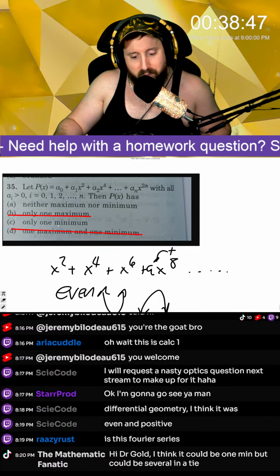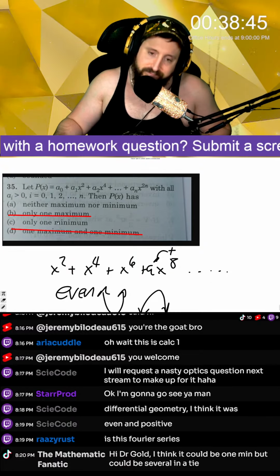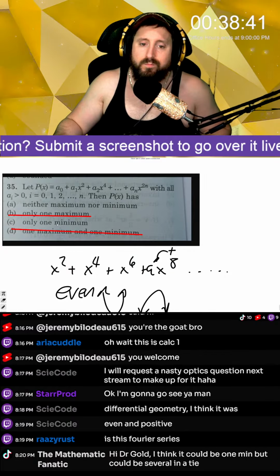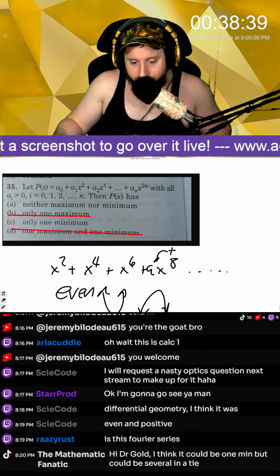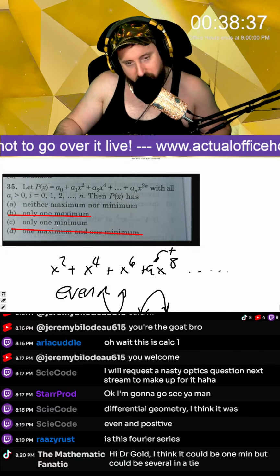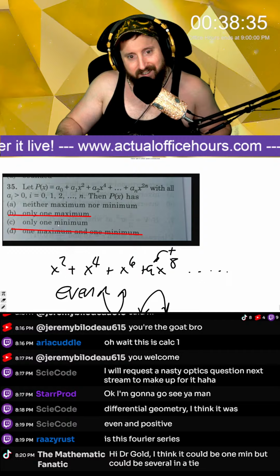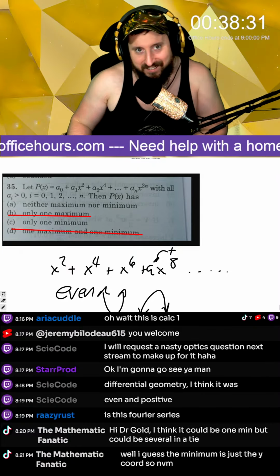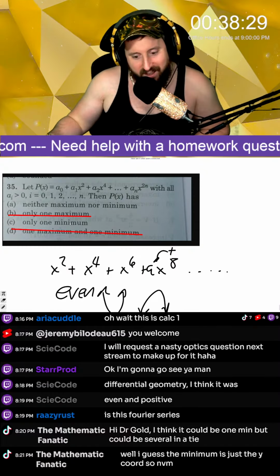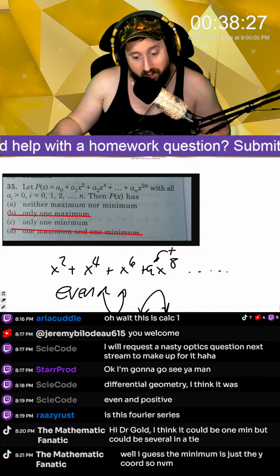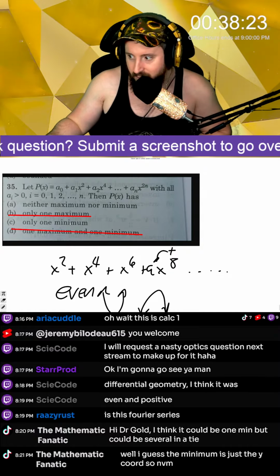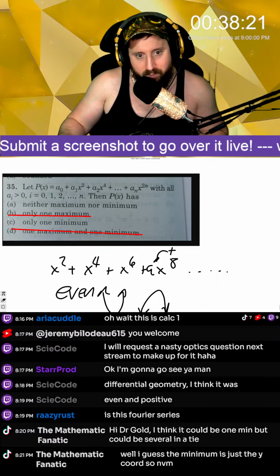You think there could be several minimums as a tie? Well, that's actually a good question. Can you have two minimums? I'm curious whether it's only one though. You're right that maybe they could tie, but I don't think so actually. I think there's only one minimum.